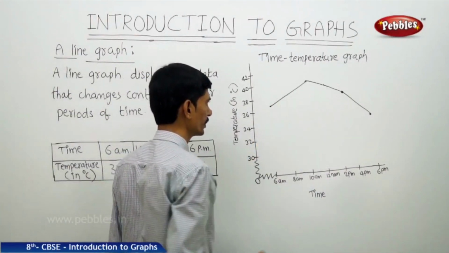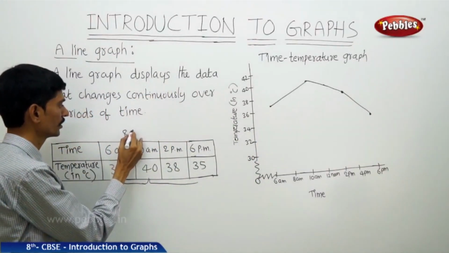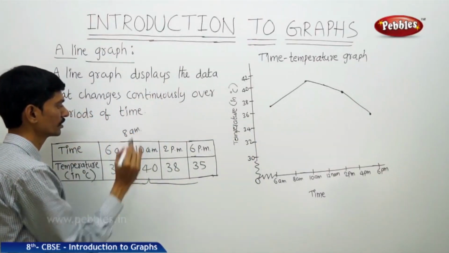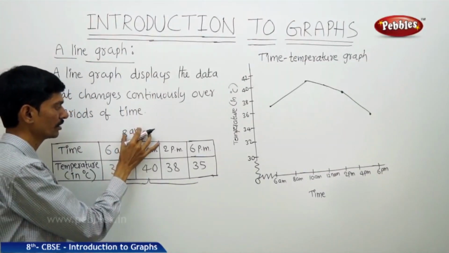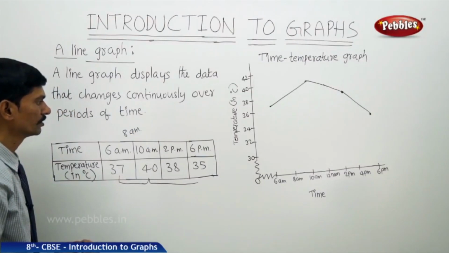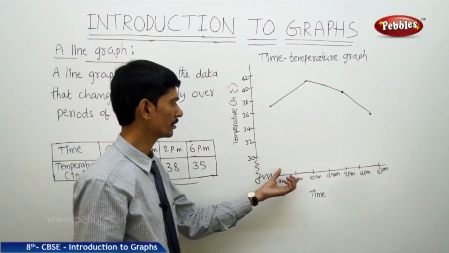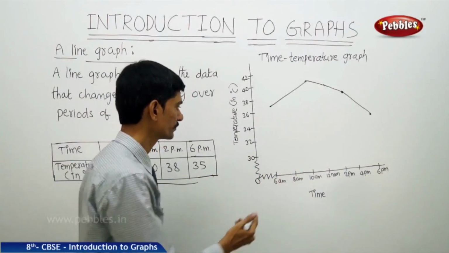Now if you want to find the temperature at 8 a.m., it is not given in the table, it was not recorded. So we can find the temperature at 8 a.m. from the graph.